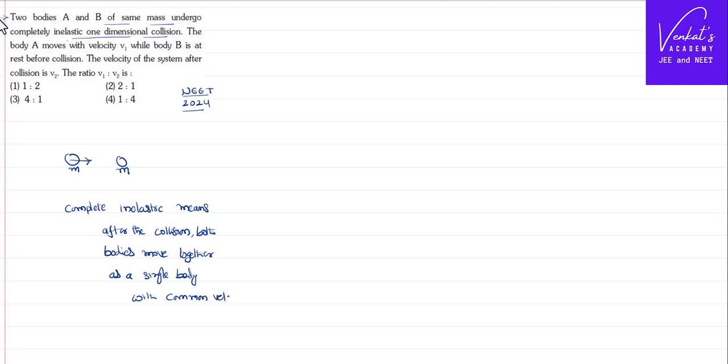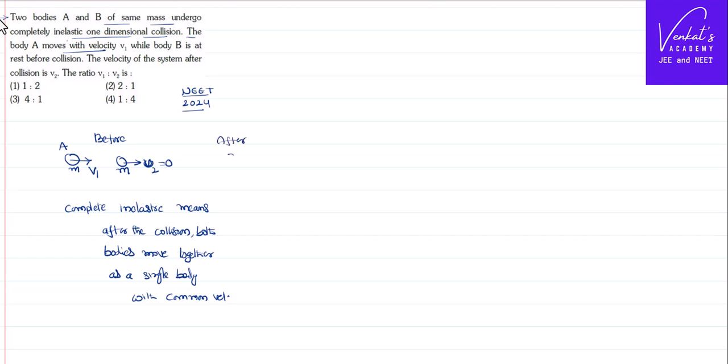That is what you mean by a one-dimensional inelastic collision, right? The body A moves with a velocity v1, this is A, while the body B is at rest. That means initial velocity before the collision is 0, it is in the state of rest. So, this is before the collision.